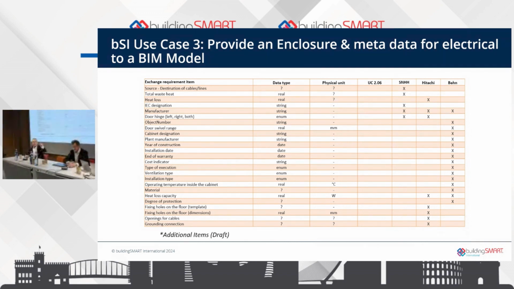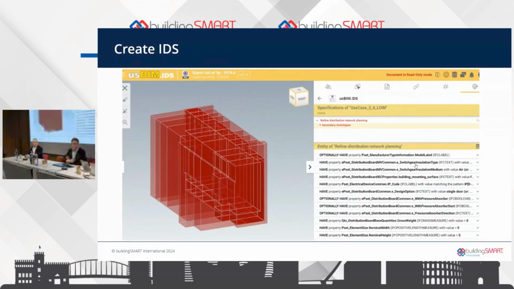For example, in this case of the switchboard, there are some other initiatives, like there is one in the IEC standardization to define this kind of properties. So we have to coordinate so that we can be aligned with what the IEC is doing. This is to be able to put these properties into an IDS, here in this example.